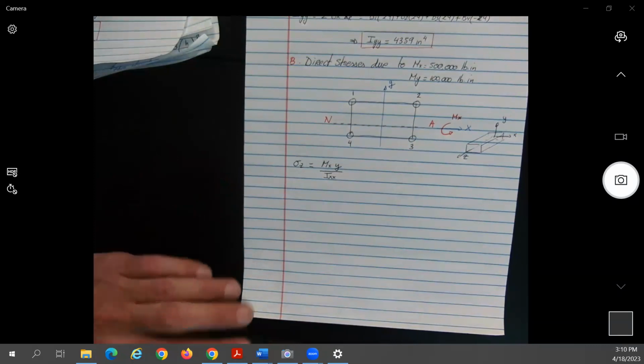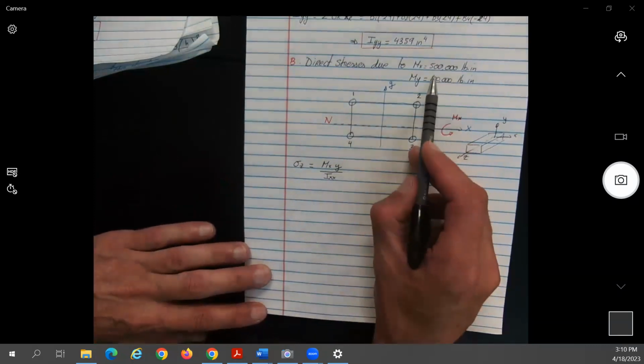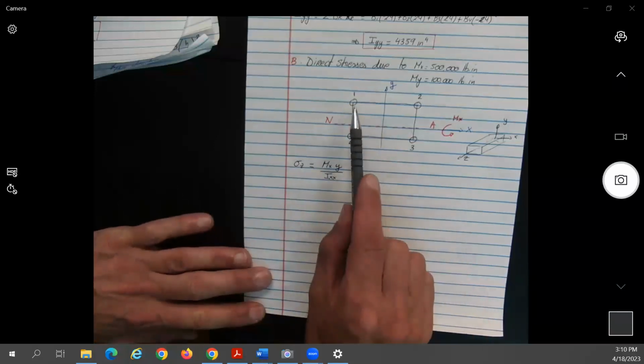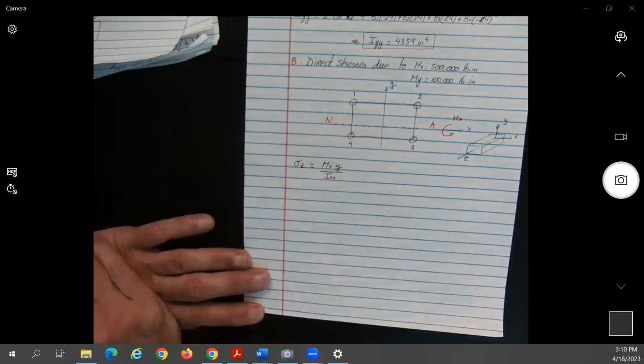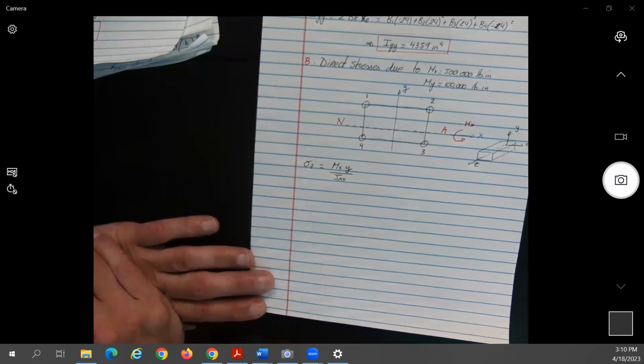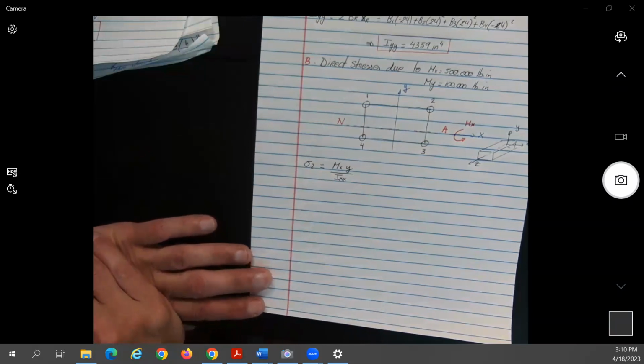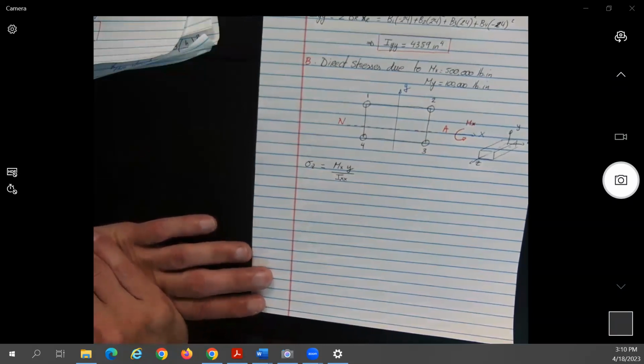So now, if the moment in this problem, they tell us that it's positive, 500,000 newtons. So that will mean that 1 and 2 should be what? Tension or compression? Let's see, can we agree? What are we going to have? Tension or compression?